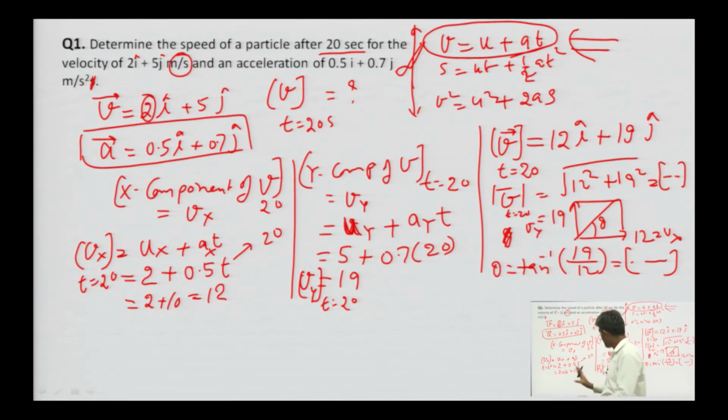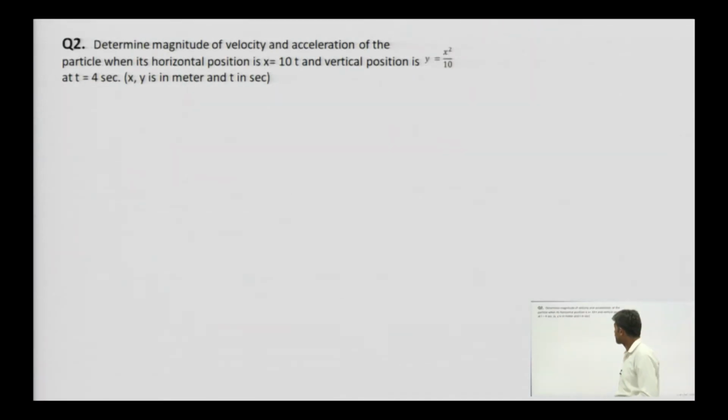What we did? We calculated the x component, and we calculated the y component separately, using the first equations of linear motion, right. Okay. So, let us move to the next example.